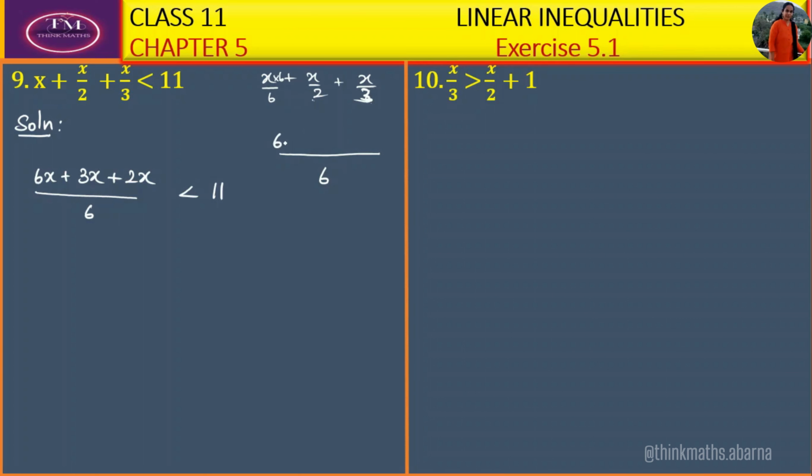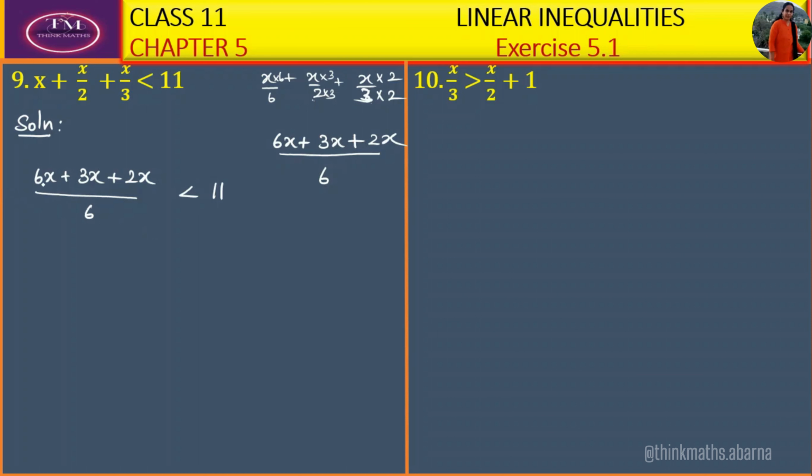So this will be 6x. Now if you multiply 2 with 3, we will get 6. So we should multiply both in the numerator and denominator. So the numerator will be 3x plus here 3 into 2 is 6, so multiply the same 2 in the numerator also. So you will get 2x. So this is the way you have to do the LCM.